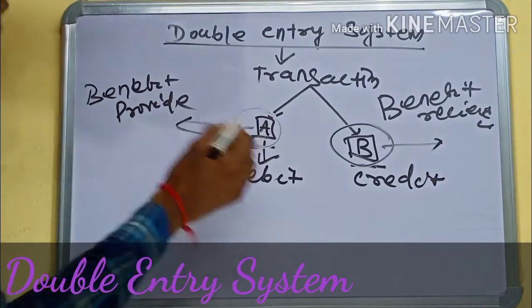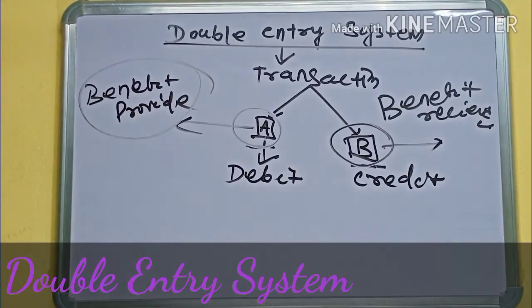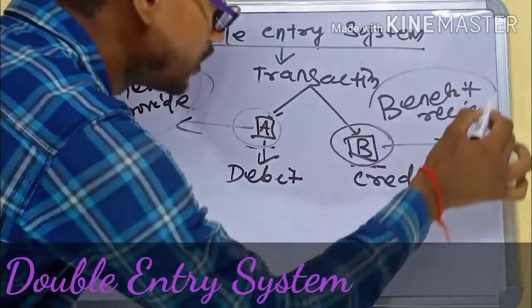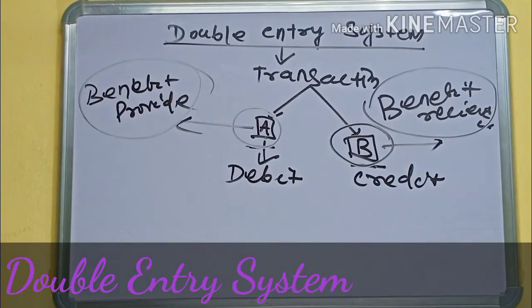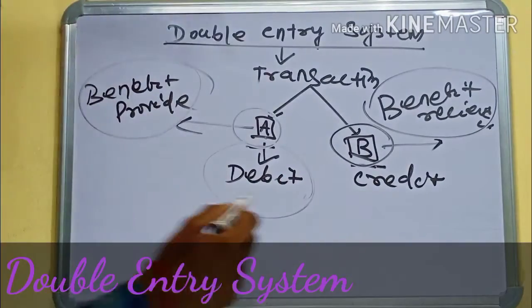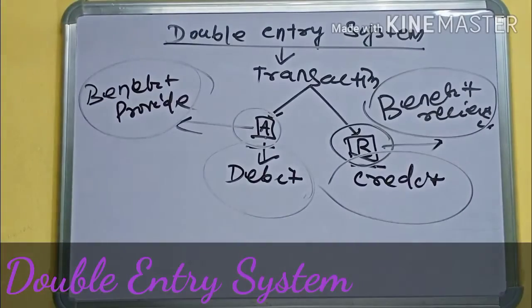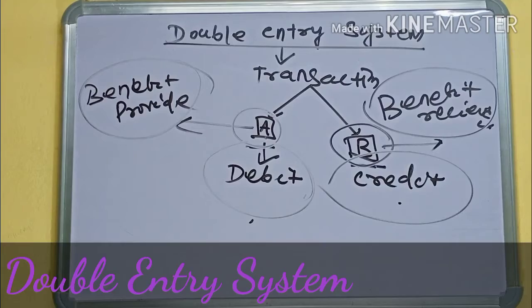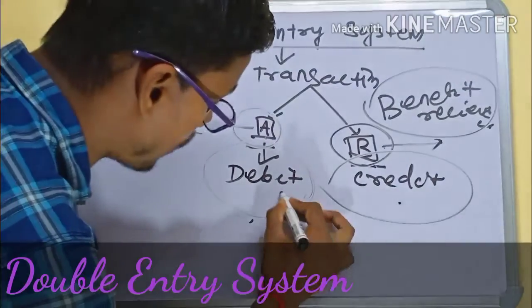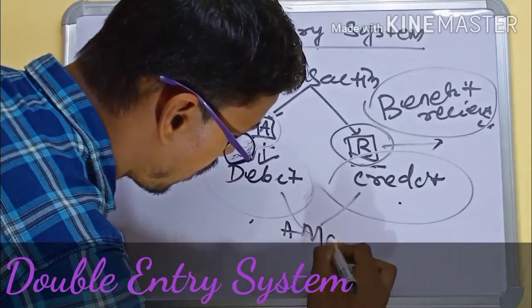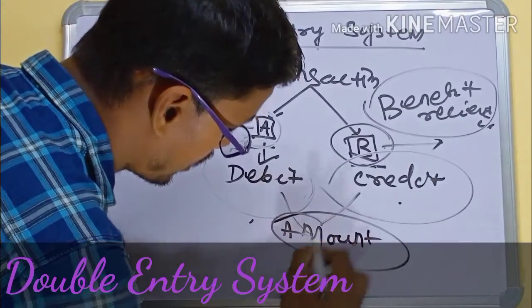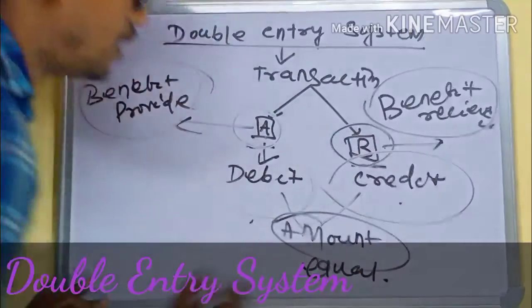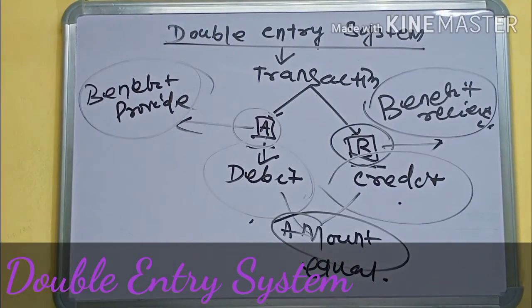One account or party provides a benefit and another party receives such benefits. One account is debited and another is credited, and the debit and credit amounts must be equal.